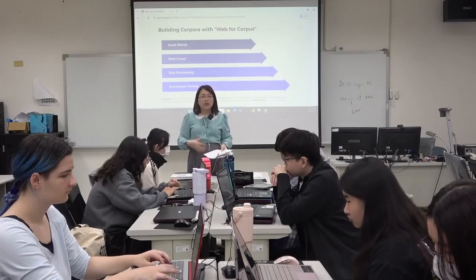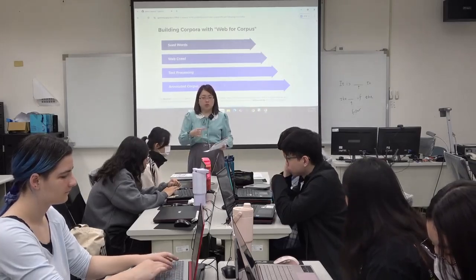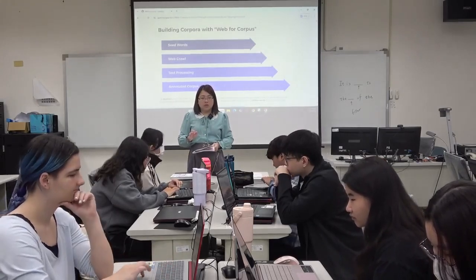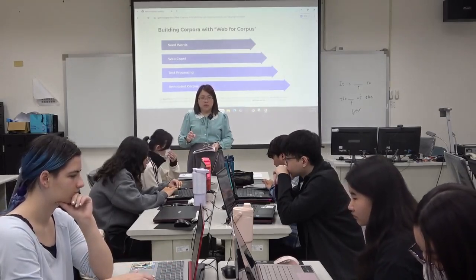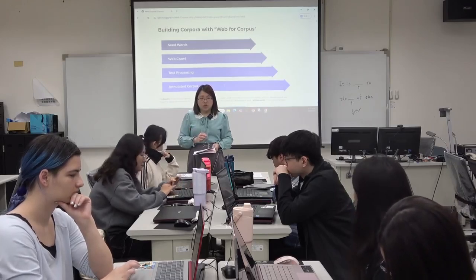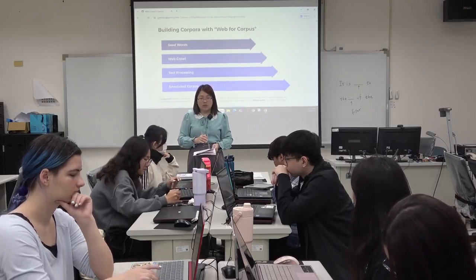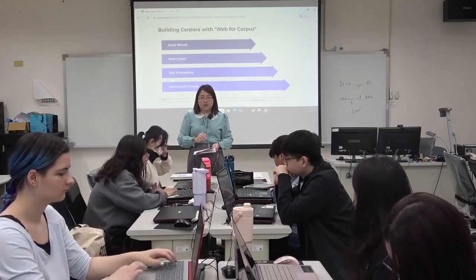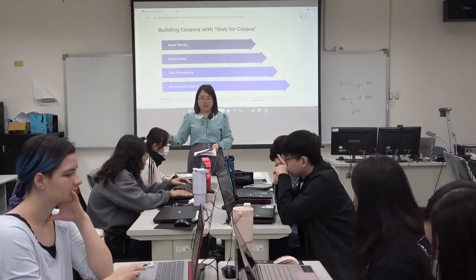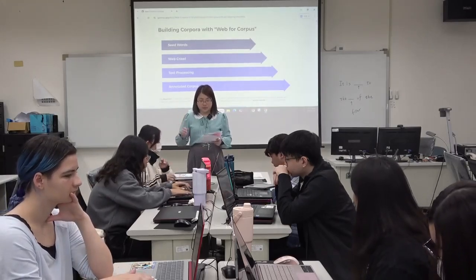You collect them to become your corpus. Of course, you need to be aware whether they are really free or not. Remember we talked about the case of OpenAI, right? They got sued because a lot of companies think they violate the rights or the law of others' possessions of the text.